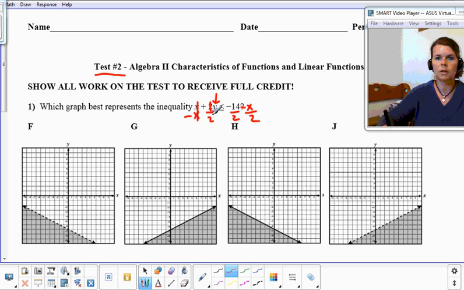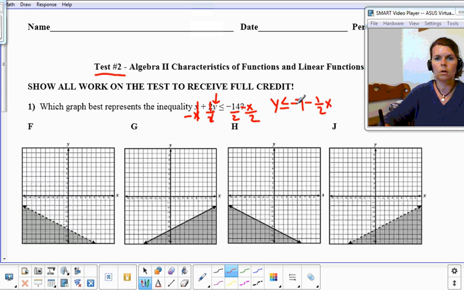So then the y is by itself. We did not divide by a negative. Therefore, we did not have to flip the sign. So here's our new inequality. Y is less than or equal to negative 7 minus, I'm going to say 1/2 x. That's the same as negative x over 2.